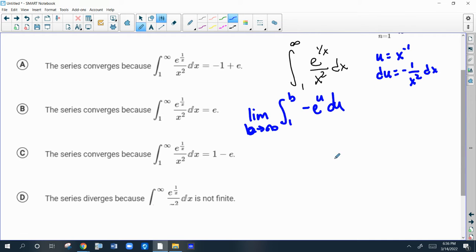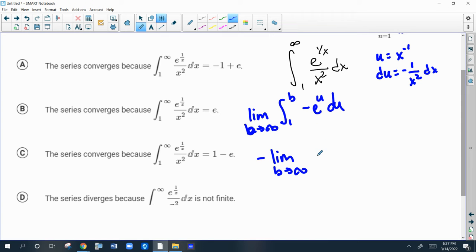So the integral of e to the u is e to the u. So we have a negative, that's the constant. I can take it out of both the integral and the limit, which I'm going to do. As b goes to infinity of the integral of e to the u, again, is just e to the u.